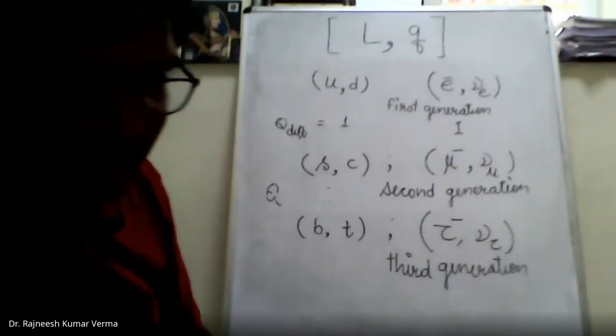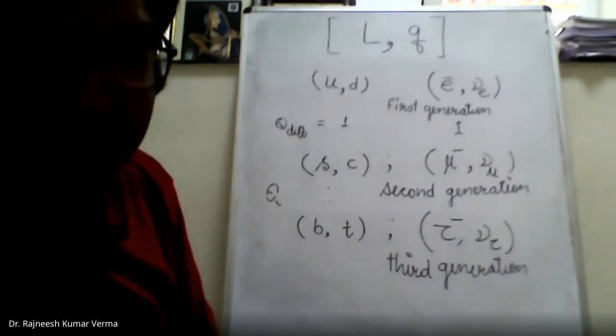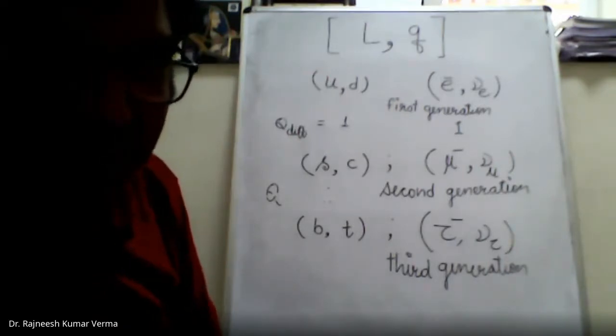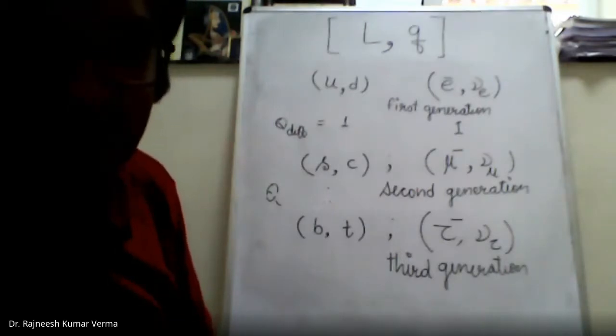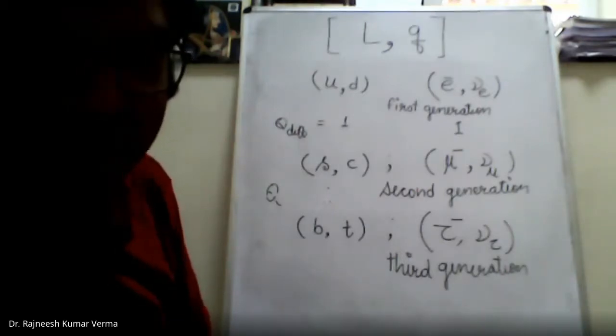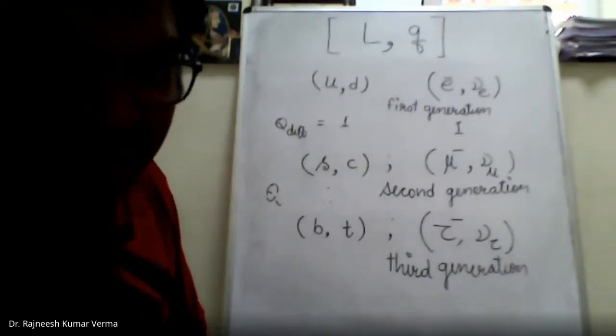And all the evidence has confirmed that we will not have any further generation for the particles. All we require is only these three generations. On the basis of these particles, we can understand the configuration or the structure of the rest of the particles.